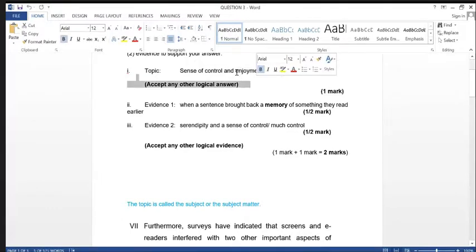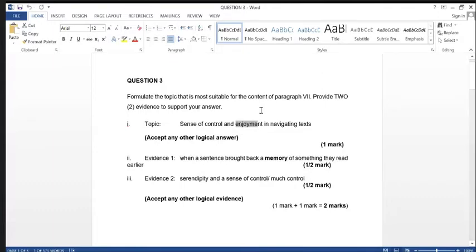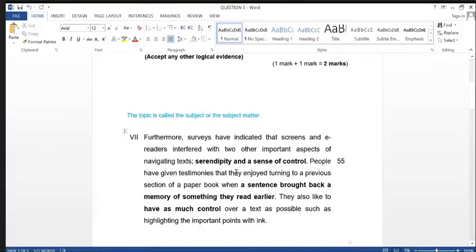That's why I have replaced this word, because as I said, topic cannot be a copy paste from text. So I replace. It's about sense of control and enjoyment in, I miss one word, in navigating printed text. That's what it is about, in navigating printed text. Okay, that is what this paragraph is about.